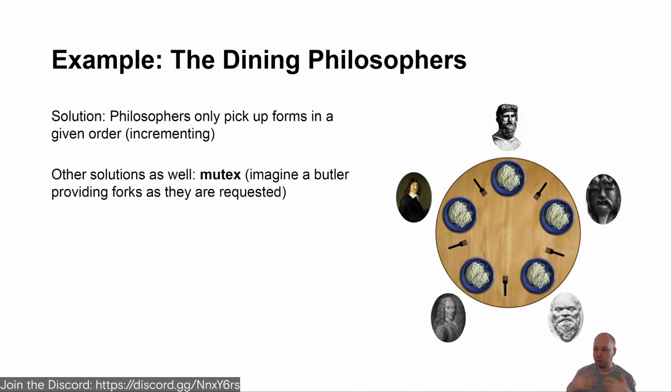That will also ensure that our system never gets into a deadlock, because our butler is essentially keeping track of who needs forks and who doesn't. This may cause starvation based on the behavior, but not given a sufficient amount of time. So a mutex would work quite well as well.